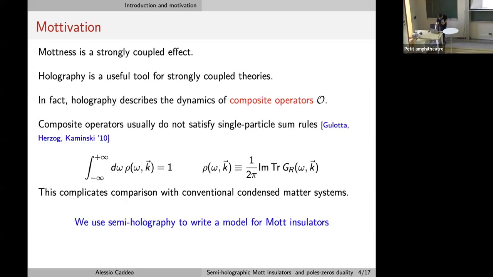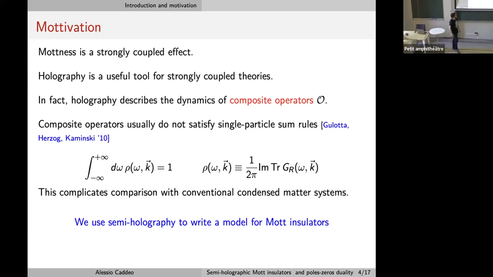But in fact, in pure holography, let's say, usually we describe the dynamics of composite operators. And in general, these composite operators do not satisfy single particle sum rules, meaning if we take the integral over the frequencies of the spectral density, in general, we will not get one for this composite operator.